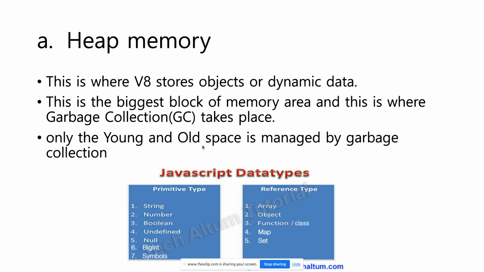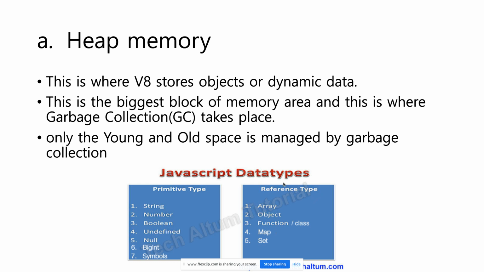We're going to talk about the old and young space, but first we have to look at the object or dynamic data. If you look at the JavaScript data types, there are two kinds: primitive data types and reference data types. There's no certain standard vocabulary for reference types, like array, object, function, class, map, and set.